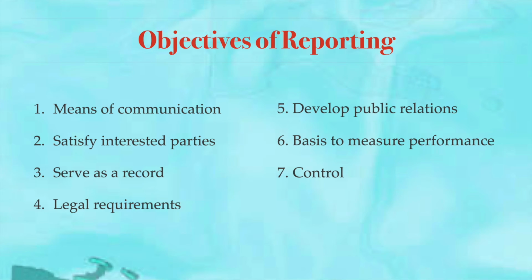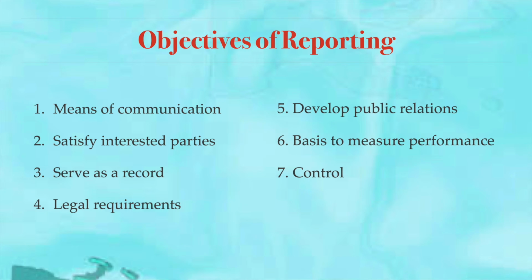The last purpose is control. Now, reports are the basis of the control process, because on the basis of reports, actions are initiated. So, based on the reports that we prepare, control action can be taken, or instructions can be given in order to improve the performance. Let's say a management report gives a negative report, right?